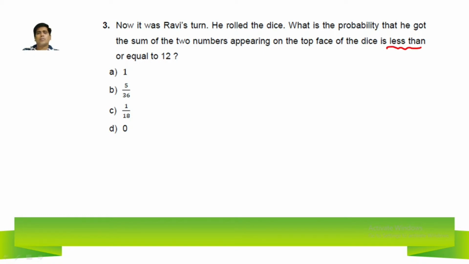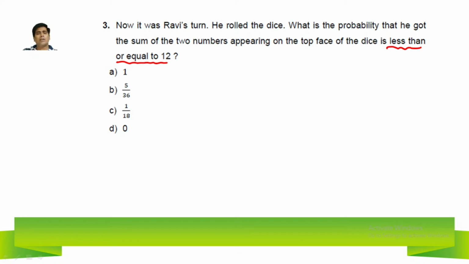Clearly, if you throw the two dice, definitely you will get a sum less than or equal to 12. It is a sure event, a certain event.